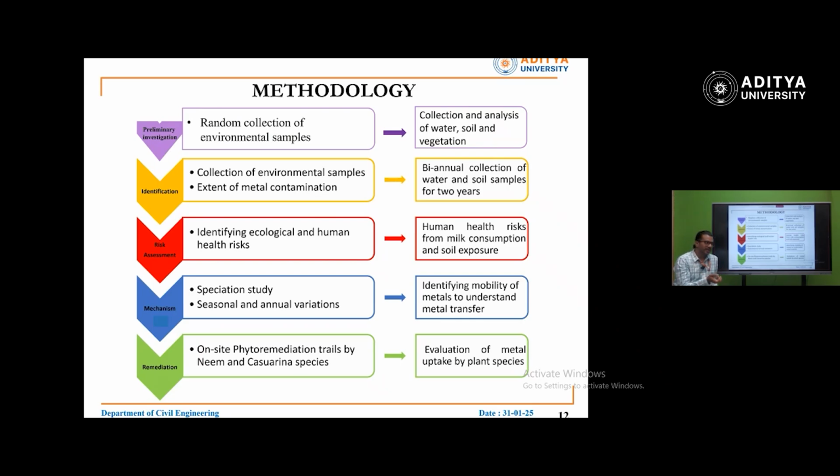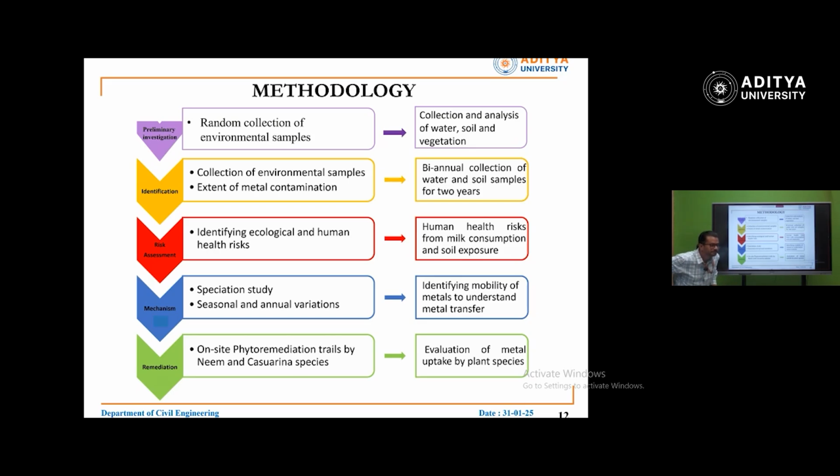They make a mixture of acids, add the soil sample, keep it overnight, and then digest the sample, mostly by microwave digestion, or open digestion also. After digestion, they filter the sample and inject it into ICP-OES or ICP-MS, inductively coupled plasma optical emission spectrometry. Generally they prefer ICP-OES or ICP-MS. Then you identify the metal concentration.